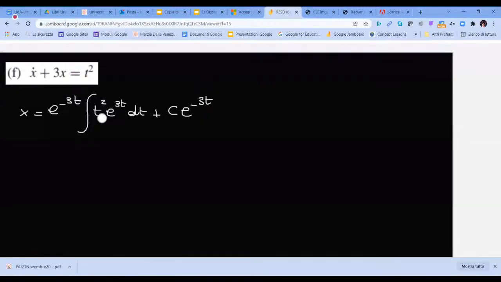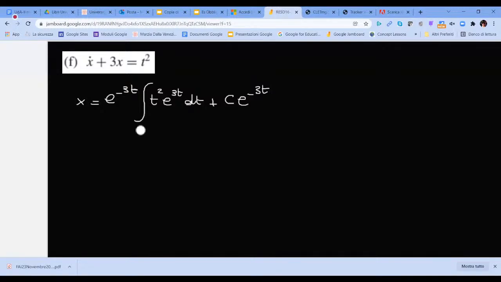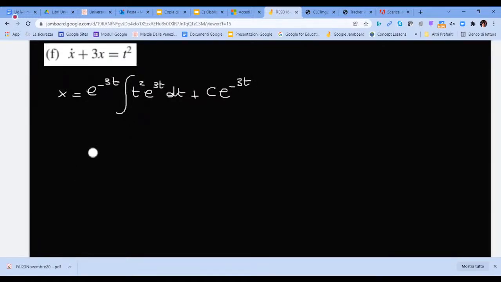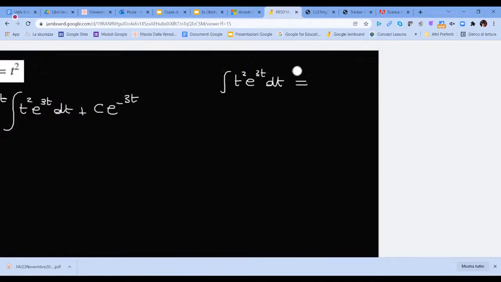Okay, what we have to do, so we can exercise, is to compute this integral. This integral is very similar to the type that we've seen at the very beginning of these slides, where there is a power of the variable and you have to perform integration by parts.